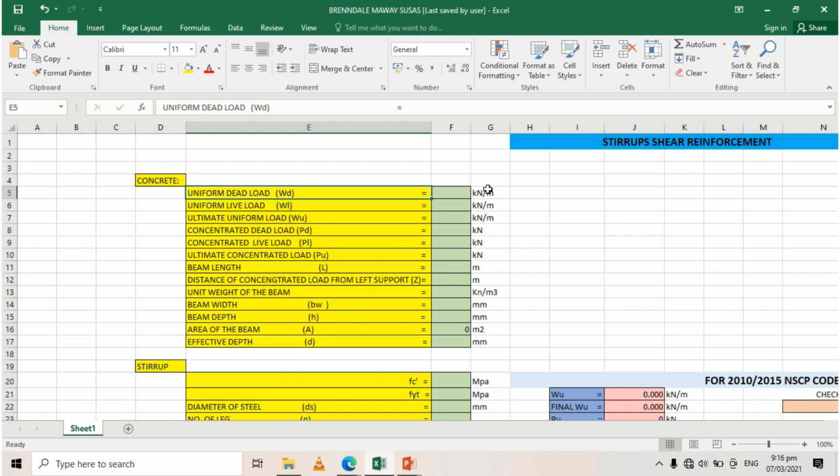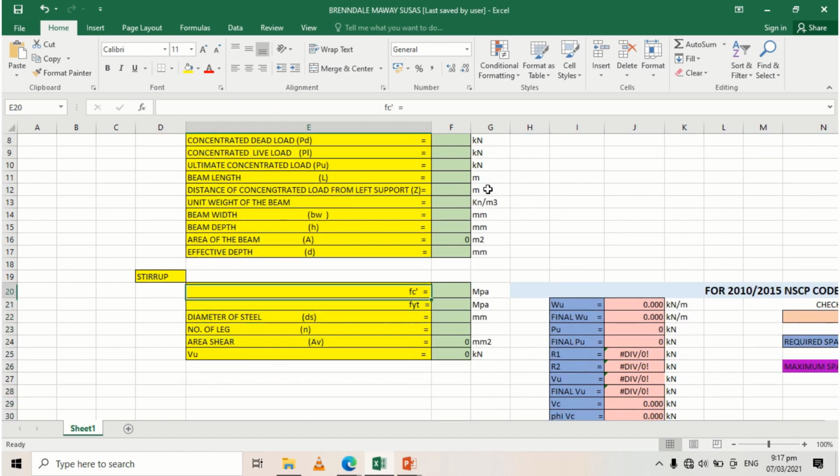For concrete, we have the dead load, live load, and the length of the beam, unit weight of the beam, beam depth or the total height of the beam, then area of beam, which is calculated here, then effective depth of the beam.